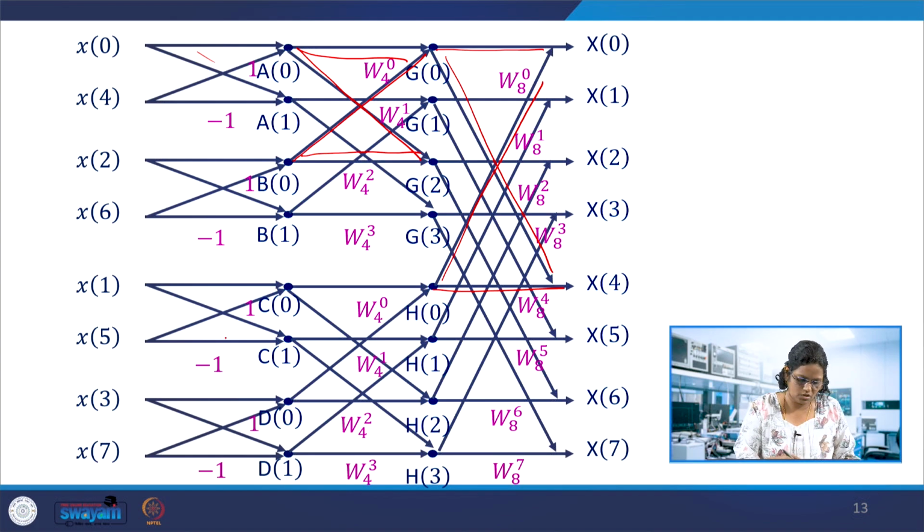Similarly, suppose this is the first stage, second stage, and third stage. Each stage has, in this case, 4, that is n by 2 butterflies. So each stage contains n by 2 butterflies. In this third stage you can see 1, 2, 3, 4 butterflies.